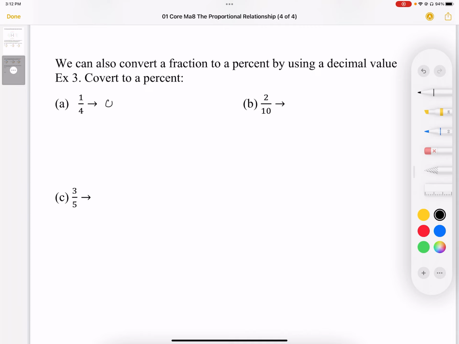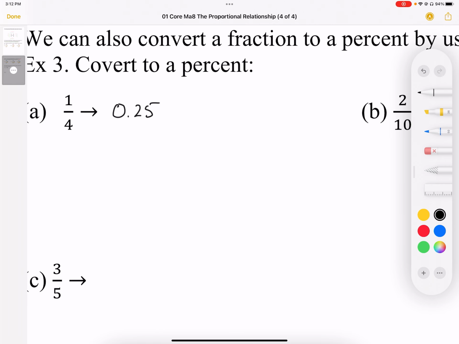When we do that, we get 0.25. So that's the first step. We convert to a decimal, and then using that, we're going to convert to percent. The way we convert to percent is we move the decimal 2 places.